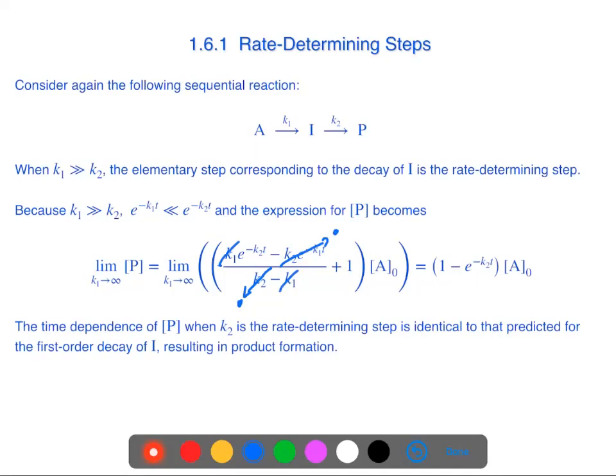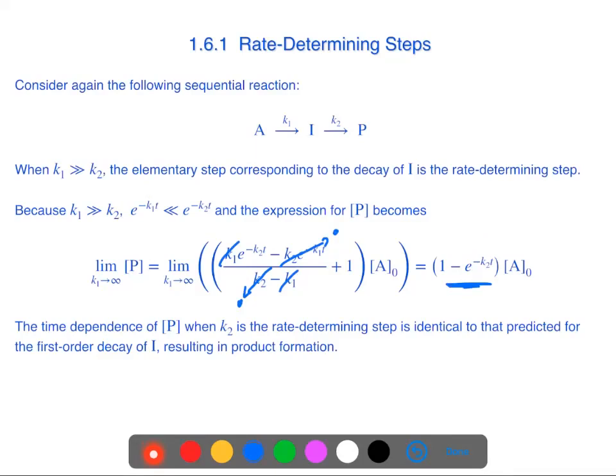And so we're left with 1 minus e to the minus k2t. And again, because the product concentration is expressed in terms of the only rate constant in this expression being K2, that tells us that K2 is the rate determining step because it determines the overall product concentration.